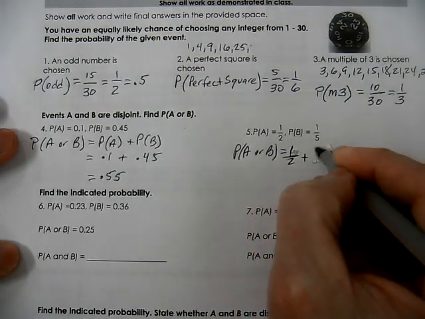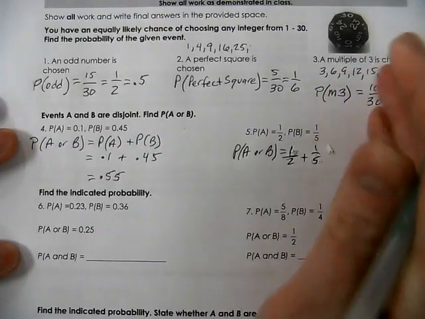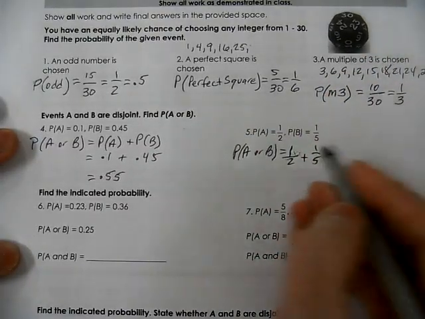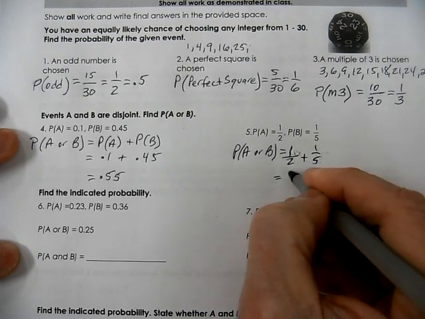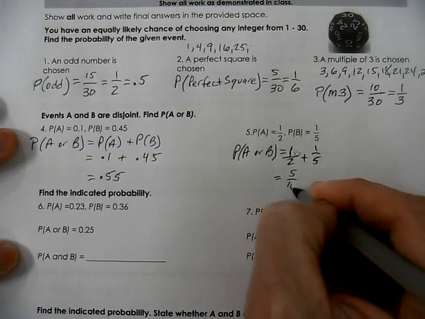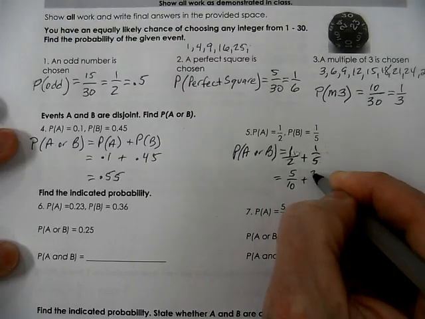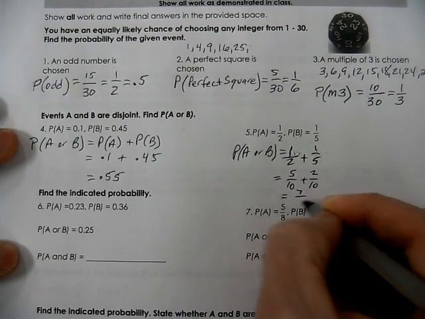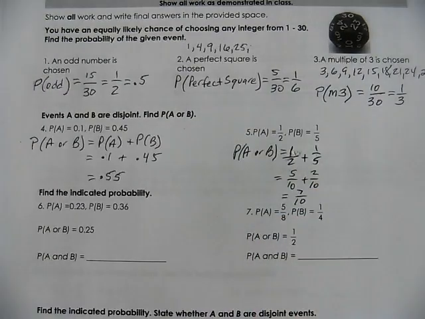One half plus 1/5. We need common denominators for that, which is going to make times this by 5, so 5 over 10, times this by 2, so 2 over 10. So we're going to be able to call this 7/10, because there's nothing to subtract because there is no overlap.